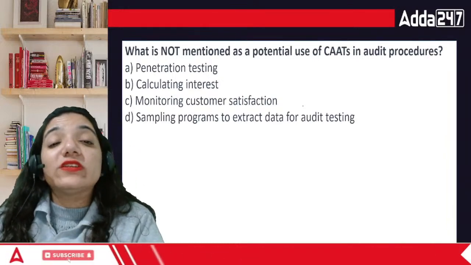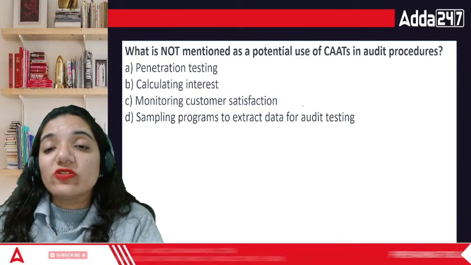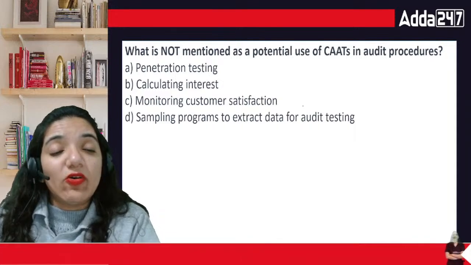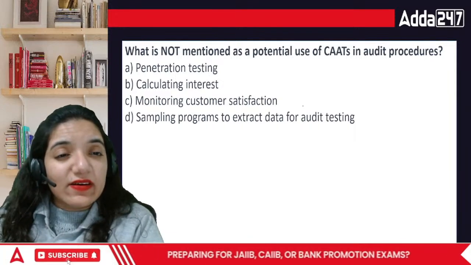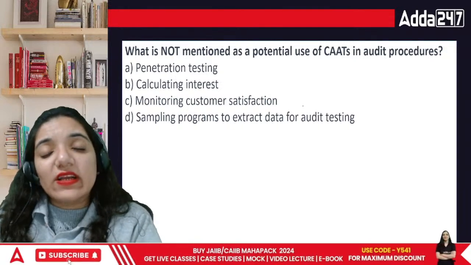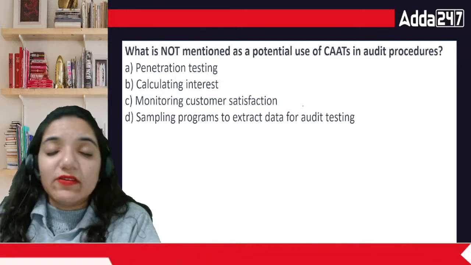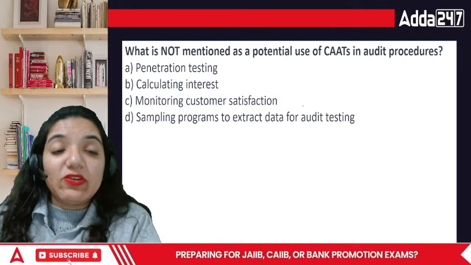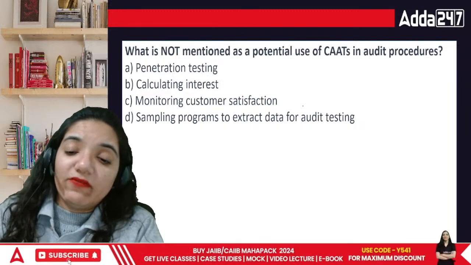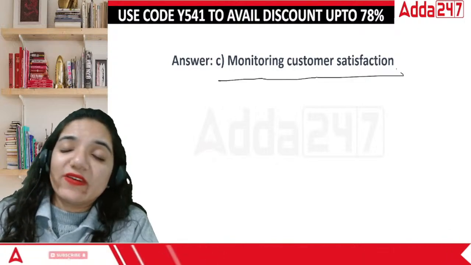Okay everyone, what is not mentioned in the potential use of CAT in audit procedures? Penetration testing, calculating interest, monitoring customer satisfaction, or sampling programs to extract data for audit testing. When we talk about which one of the following is not, when we look at the audit area, monitoring customer satisfaction is not the point.